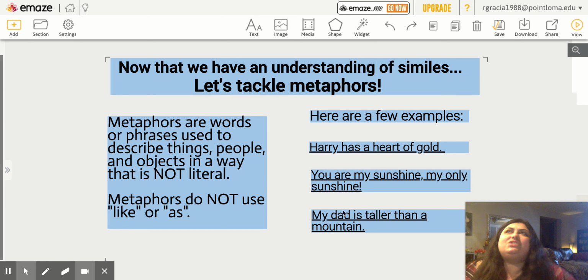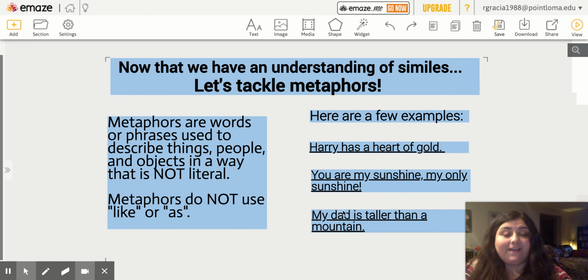Saying, my dad is taller than a mountain. Interesting. Not so common. And that's something that we want to avoid while we are writing or speaking or reading. We don't want to be bored. We like better descriptions. The more descriptions, the better. And learning your similes and your metaphors is definitely a way to do that.